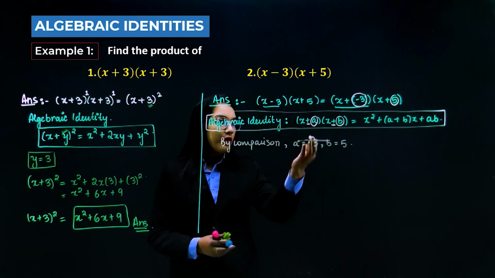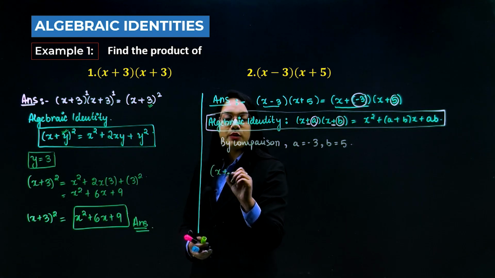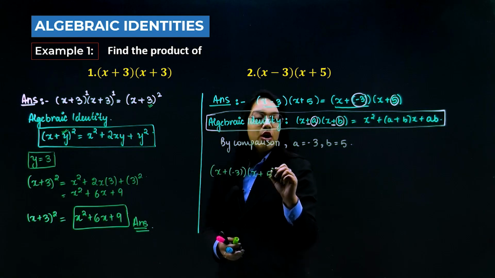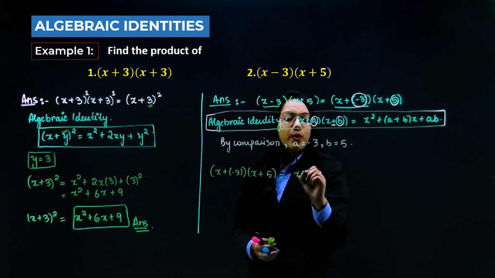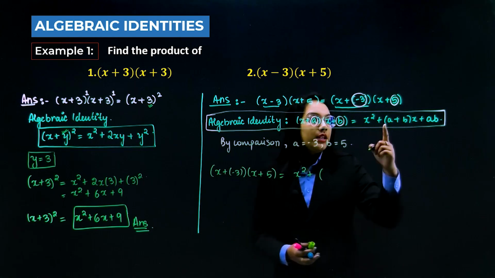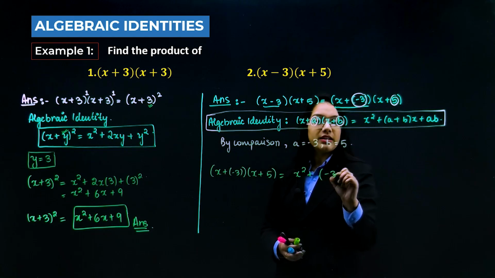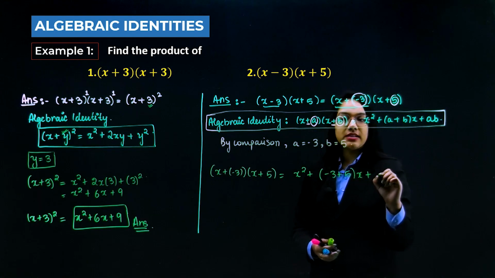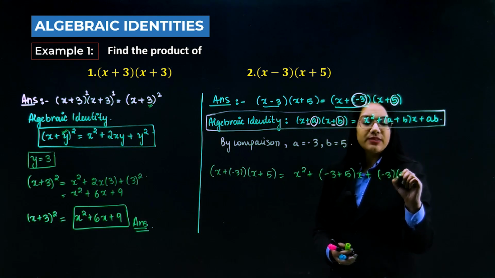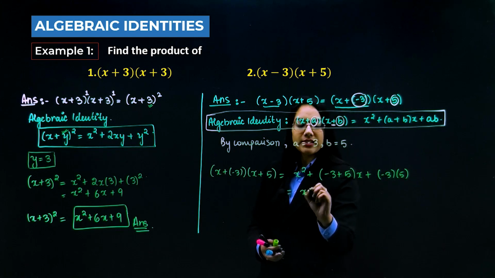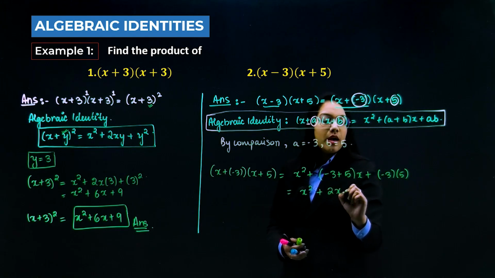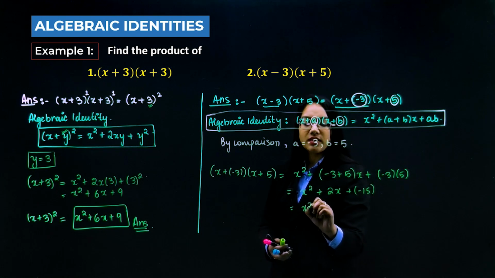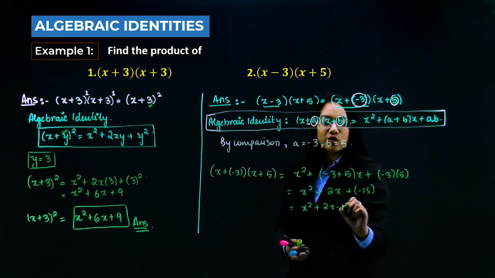So let's plug in all the values. (x plus minus 3) and (x plus 5) is equal to x square, which remains the same, plus (a plus b) x plus ab. In place of a we use minus 3, in place of b we use 5. So this would be x square plus 2x minus 15.